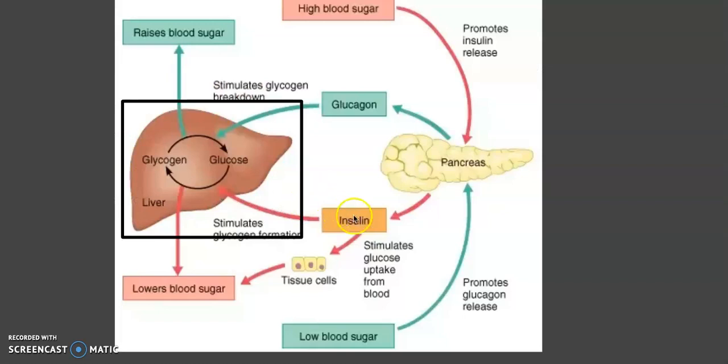So again, insulin can work in tissue cells, bringing the sugar into tissues out of the bloodstream, and it can turn that into fatty acids, but it can also stimulate glycogen formation.